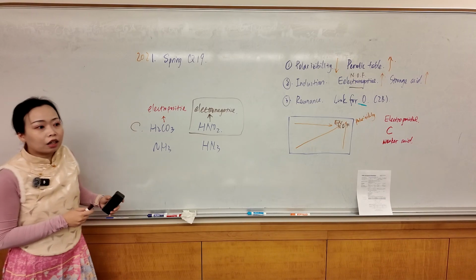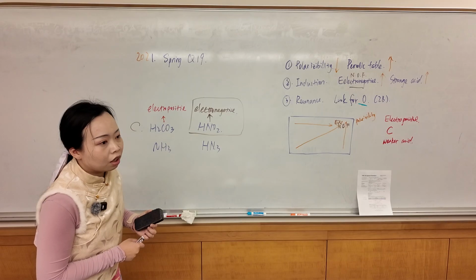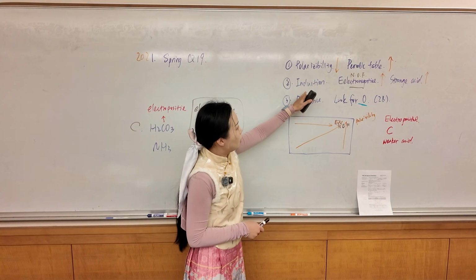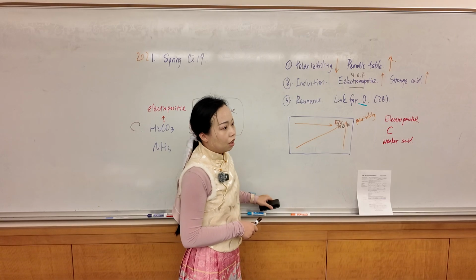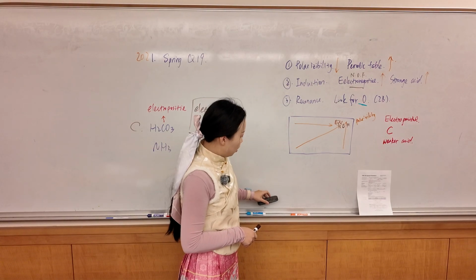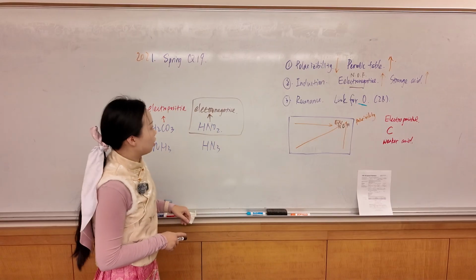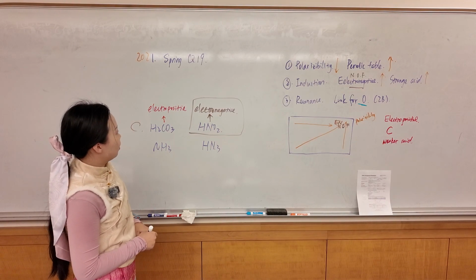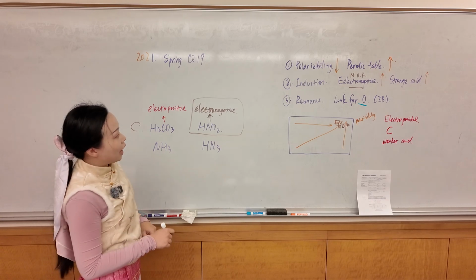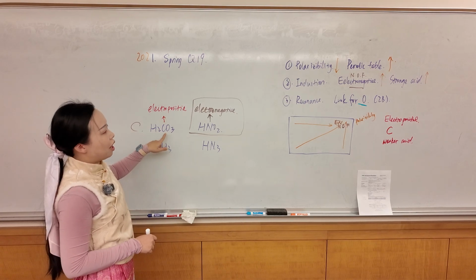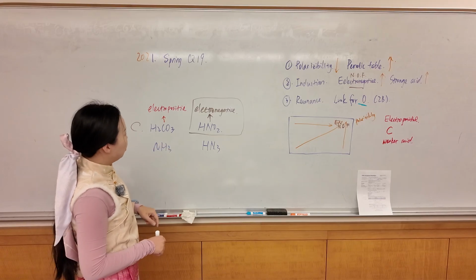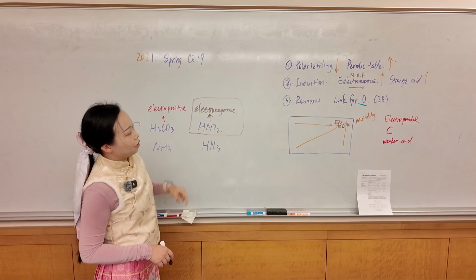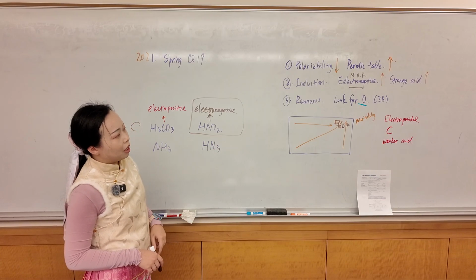Okay? How do you know which of the three to use again? Which three rules? Polarizability, induction, and resonance. Like if you use resonance for C, then isn't it the other one? Okay, if you use resonance, based on the fact we have not taught you the real structure of this. For Chem 2, what we are very likely to do is give you just one, so you don't mix them up.